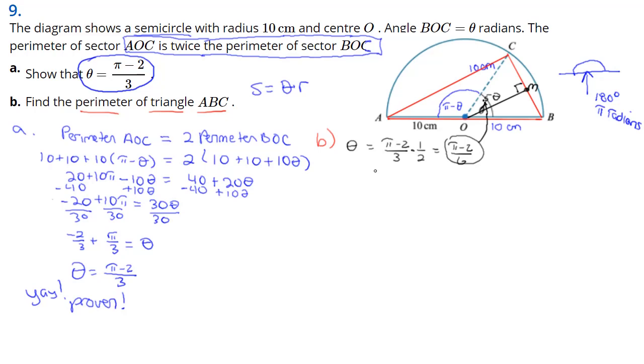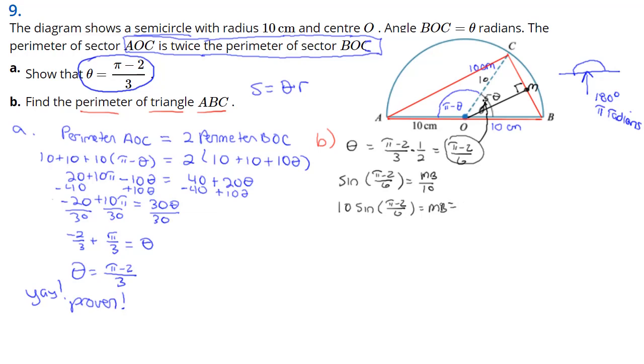So now I've got this angle for my right triangle, and I'm going to use trigonometry to figure out what CM is equal to. Since that dotted line is 10 centimeters, that's the hypotenuse, and I need the opposite side. I'm going to use sine, so sine of (pi minus 2) over 6 is going to equal CM over 10, and then I multiply both sides by 10, and that's going to be CM.